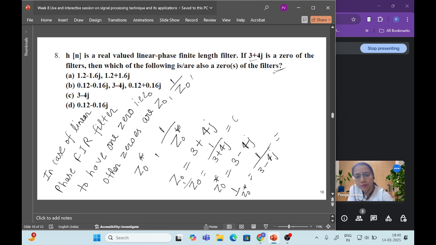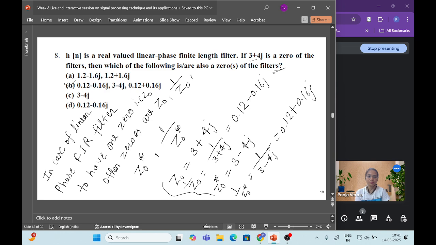When you divide it, you will get 0.12 minus 0.16j, and similarly here 0.12 plus 0.16j. So these are the other four zeros of that filter: 3 plus 4j, 3 minus 4j, 0.12 minus 0.16j, and 0.12 plus 0.16j. So just match with the answers. So option B is the correct answer for this question.